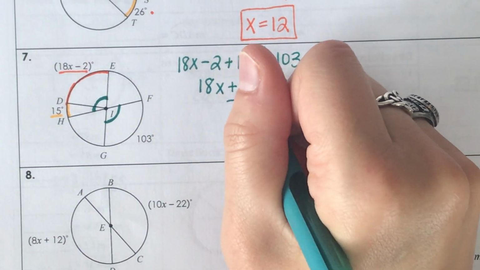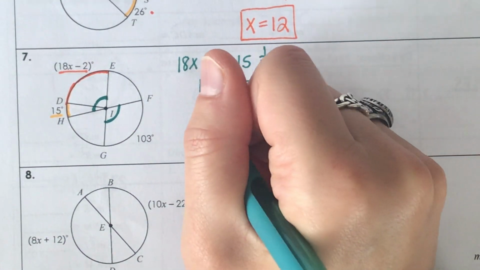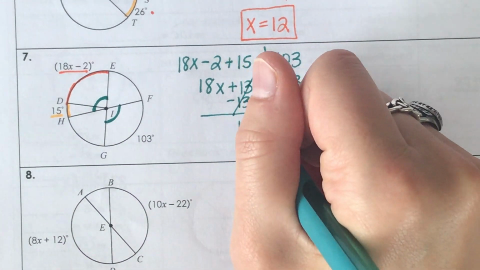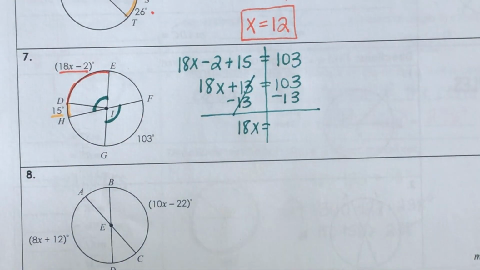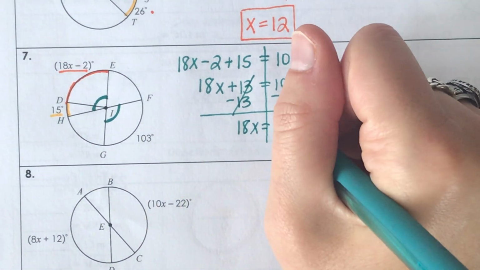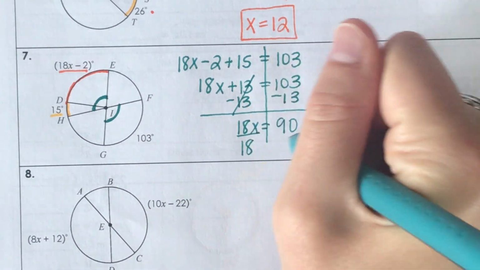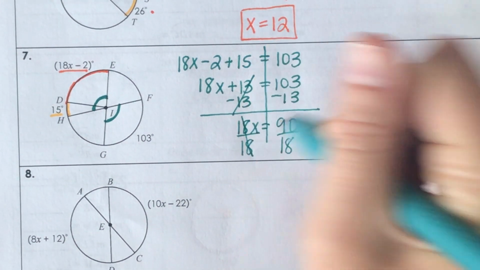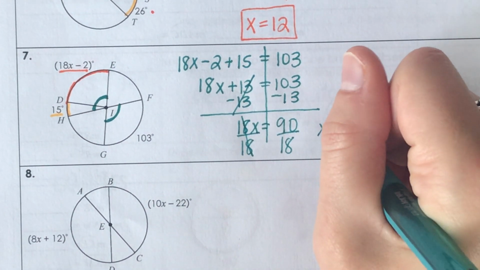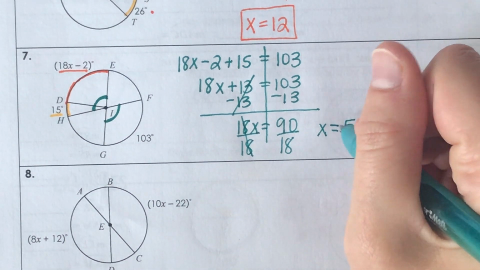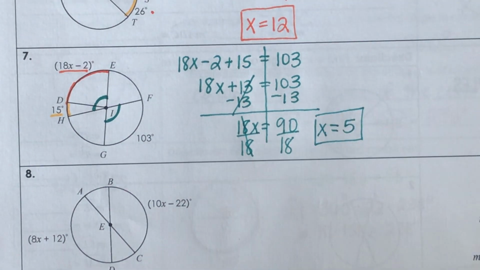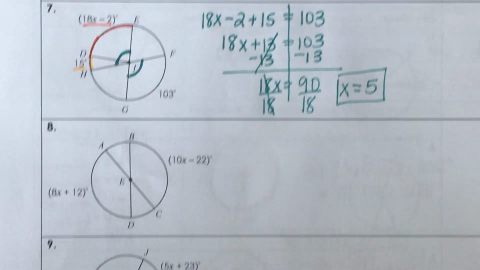Now I subtract 13 on both sides. I get 18x equals 90. And then I divide by 18. I get x equals 5. And that's all that the question asked me for. So I'm done.